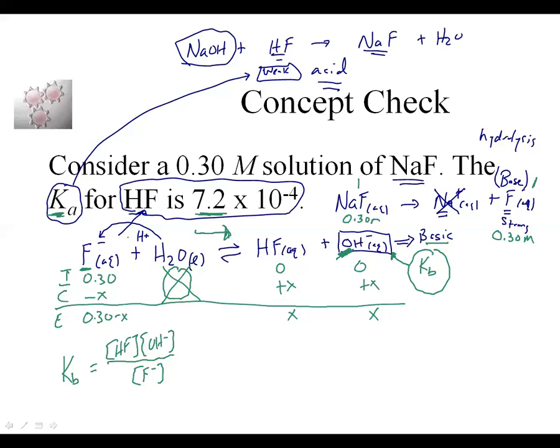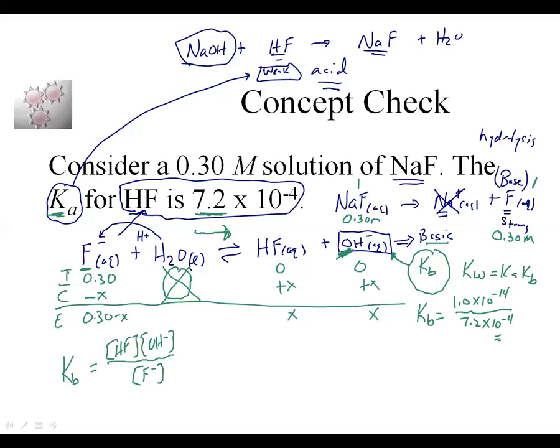So this is where we need to use that KW equals KA times KB, which means the KB value in this case would be our KW, which is 1 times 10 to the minus 14, divided by our KA value, which is 7.2 times 10 to the minus 4.